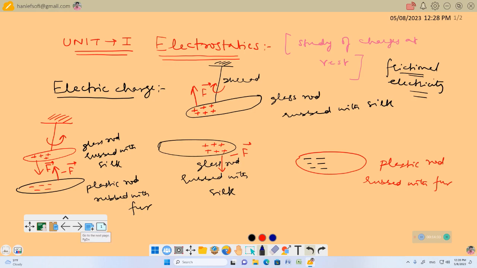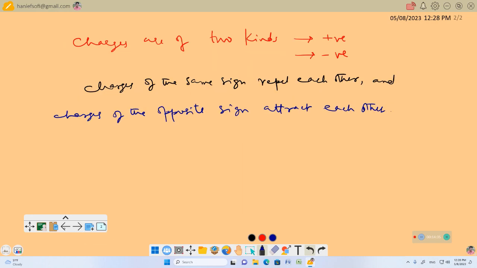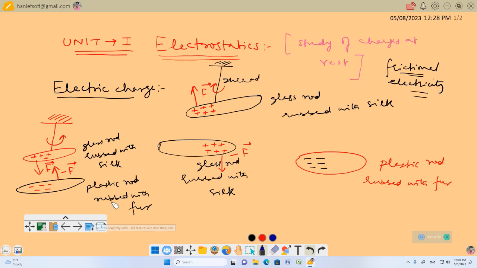Because of this charge, as you have observed, bodies have some properties. For example, if the glass rod is neutral and you take another glass rod rubbed with silk near it, there will be no tangible interaction. There will be no repulsion of this kind.